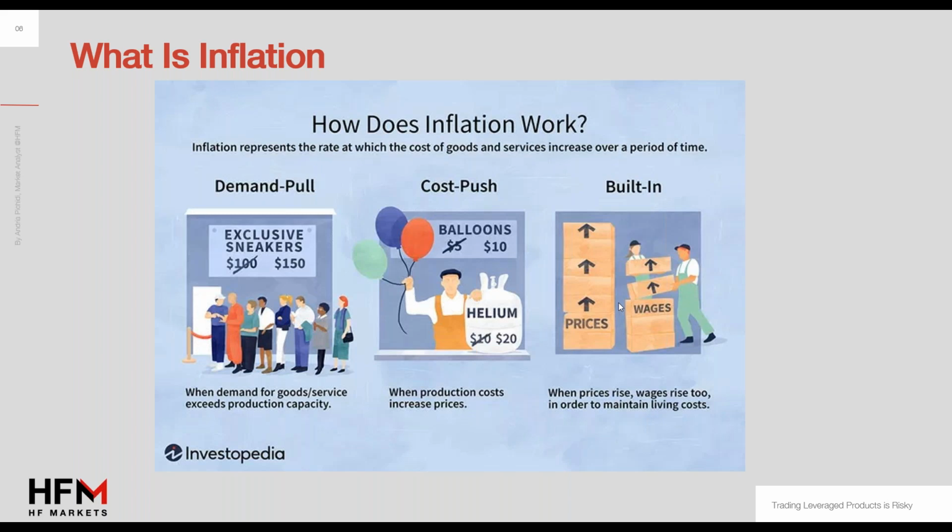So as the price of goods and services rises, as you can see in the illustration, the wages, the salaries, rise as well in order to maintain the living cost.